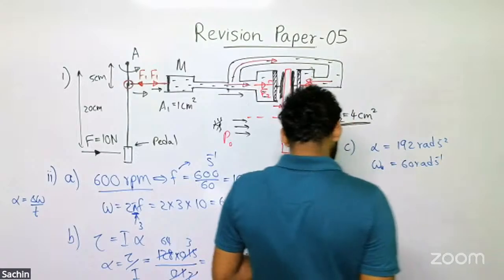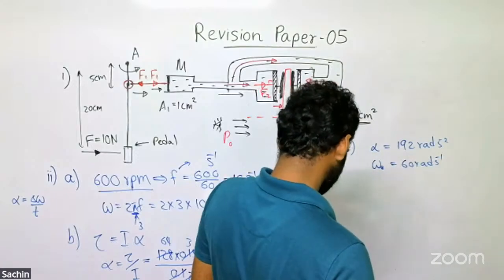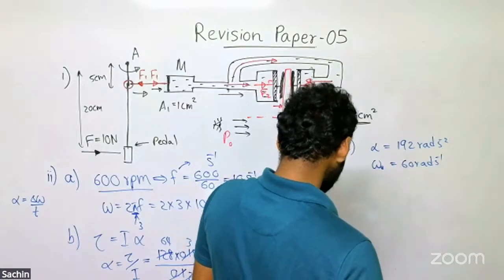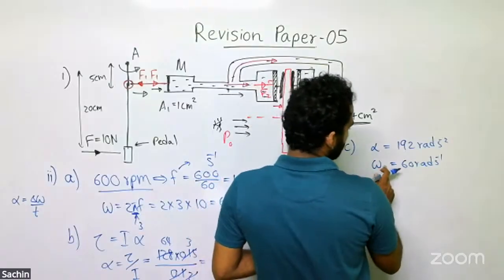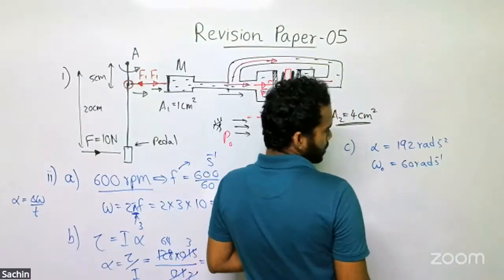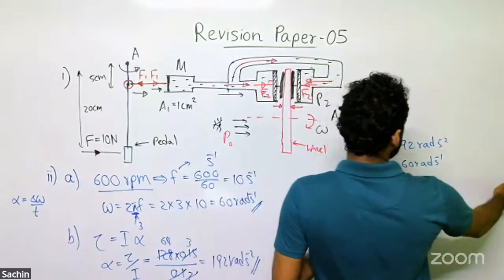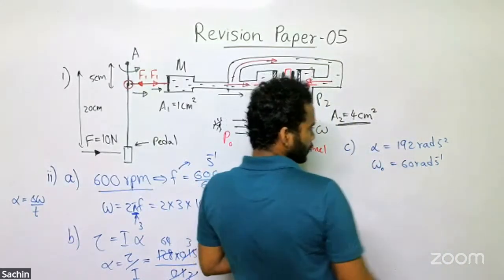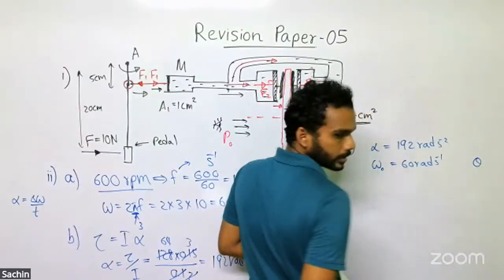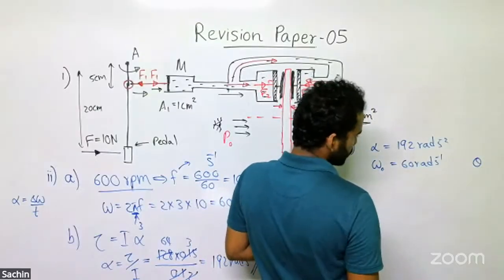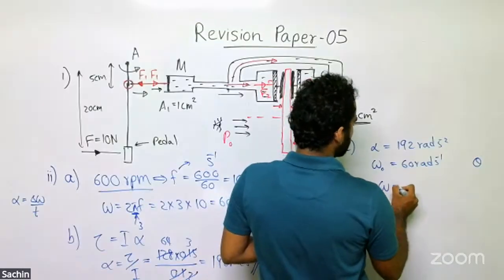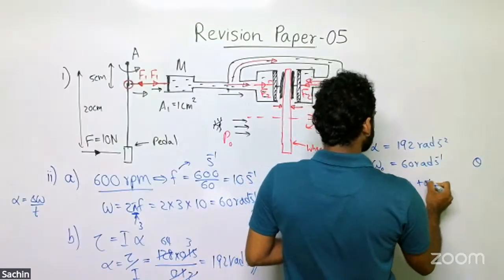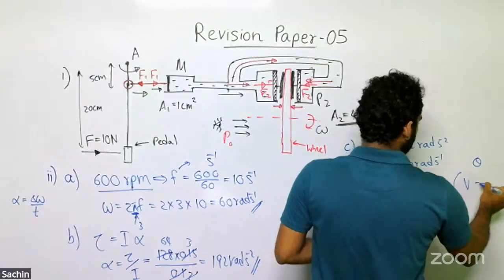So how to evaluate the time taken to stop this wheel? Just use a motion equation for circular motion. What is the most appropriate equation? We don't know the angular displacement, so exclude theta. The equation without theta is omega equals omega naught plus alpha t. This is the same as v equals u plus at.